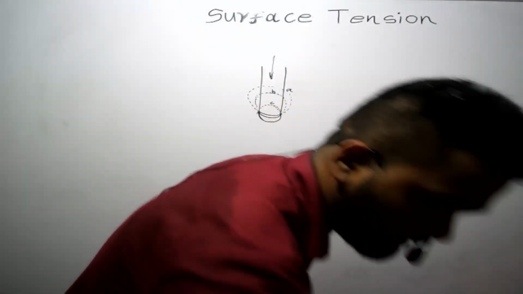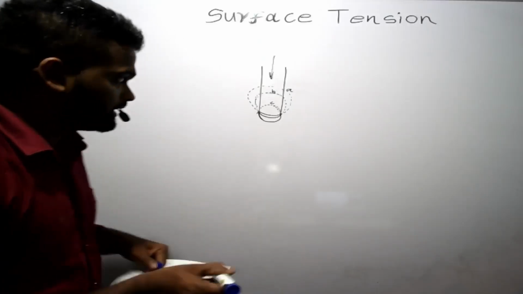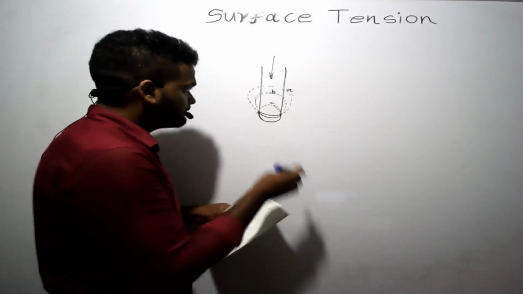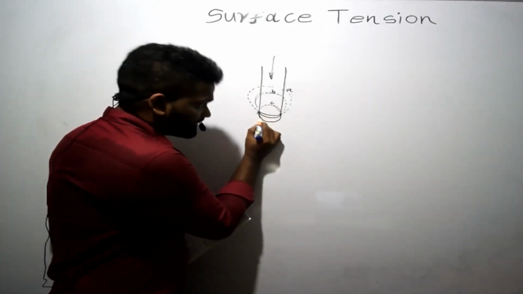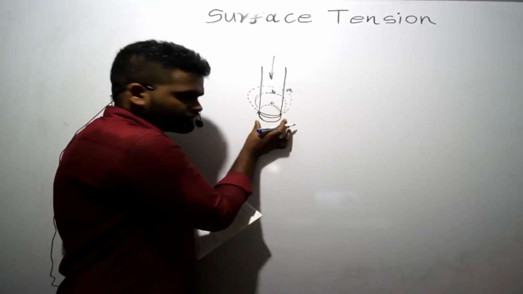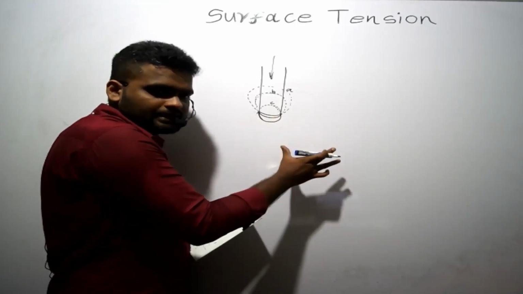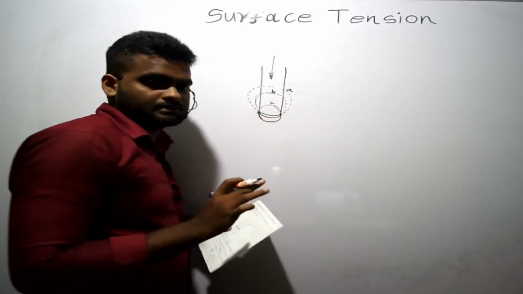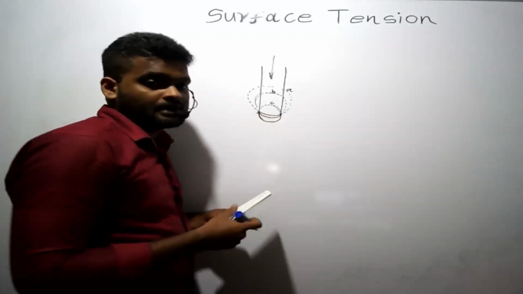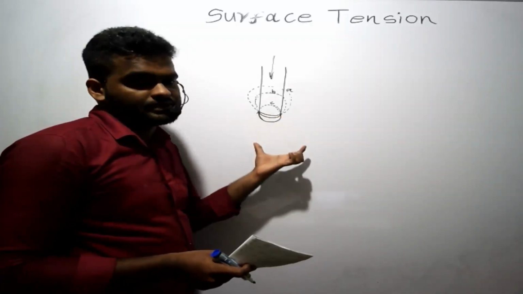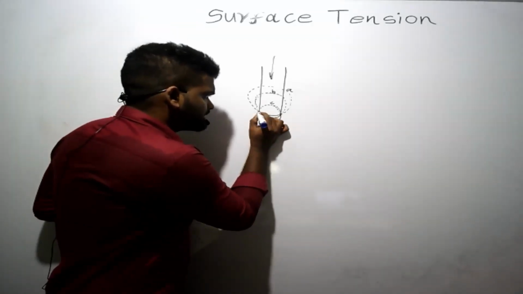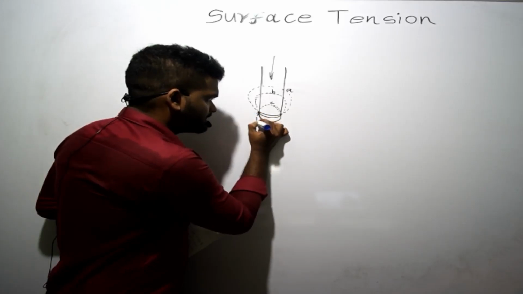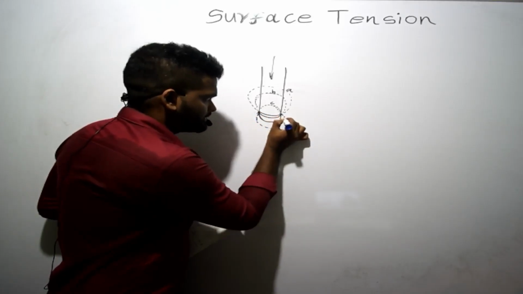Now I'll use a different color. After hemispherical shape, most of the time this layer will break down here, right? I mean, this layer will break at the hemispherical shape. But in some cases, it inflates further. Let's say it inflated something like this.